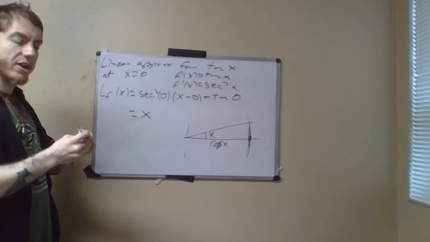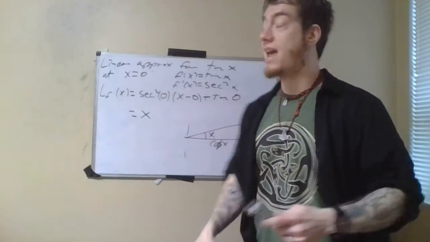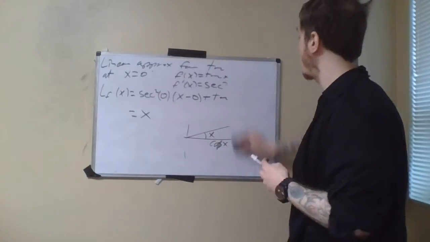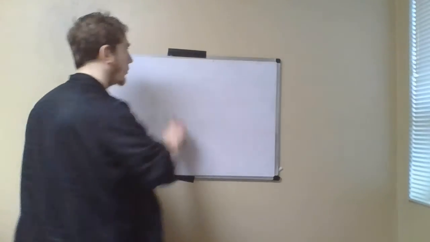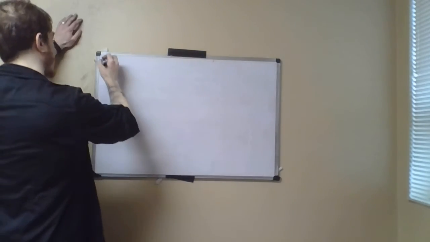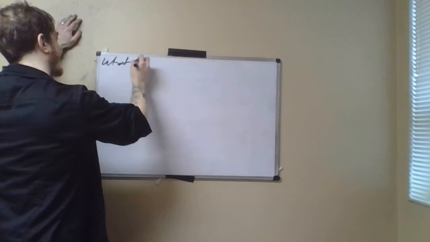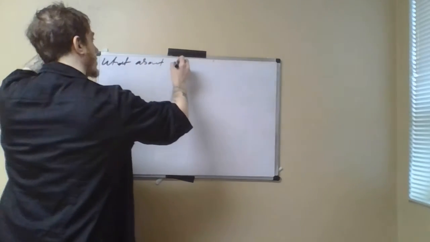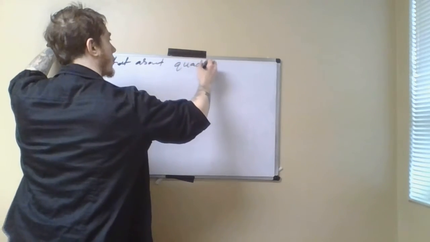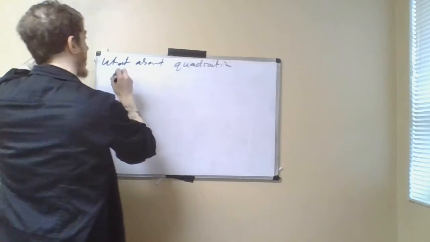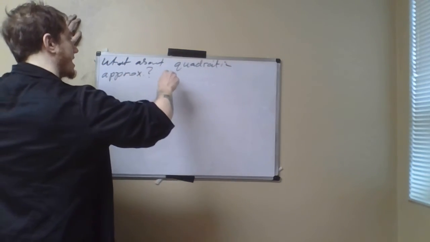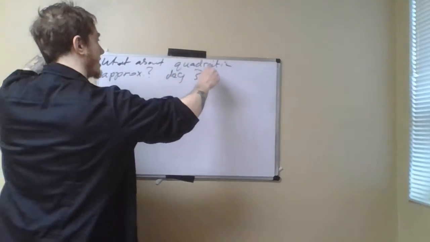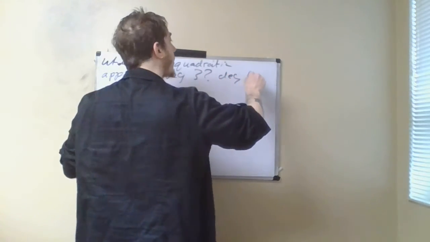One more really quick thing I want to say before we wrap up for today, because I want to show you how this fits into the bigger picture. You could ask yourself, what if instead of a linear approximation, we wanted to do a quadratic approximation, or a degree 3, or a degree 4 approximation.